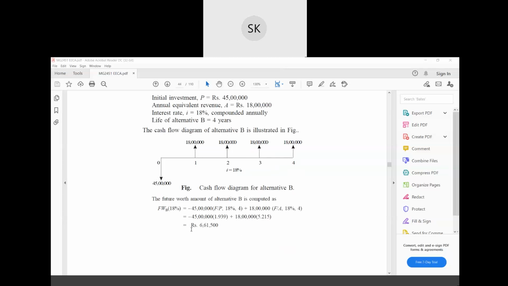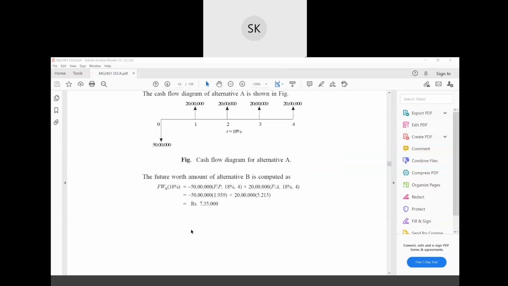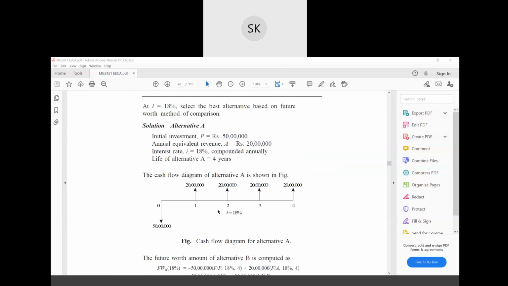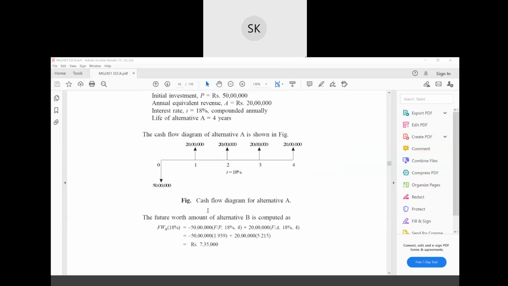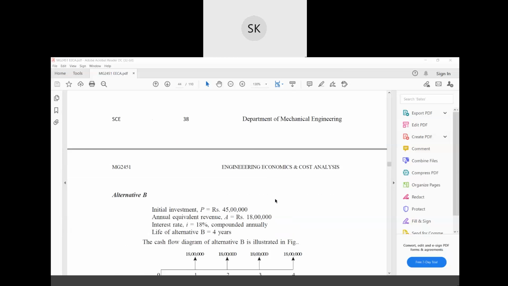It gives 6,61,000. Above was 7,75,000. Sorry, the future worth of alternative A, this will be A, not B. There are some mistakes in here. So alternative A is this much.